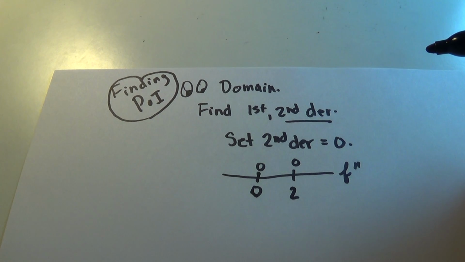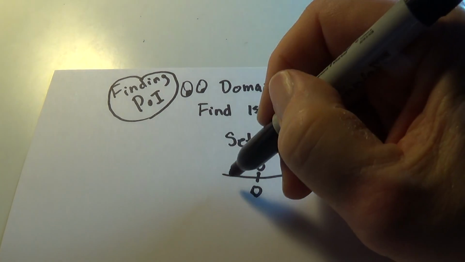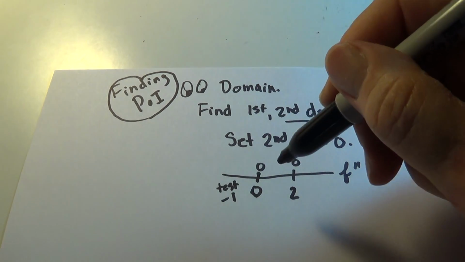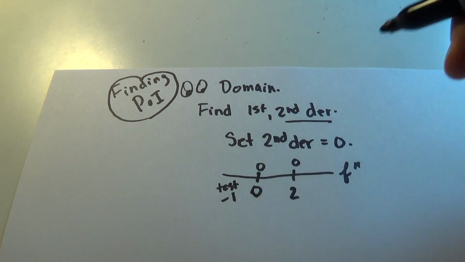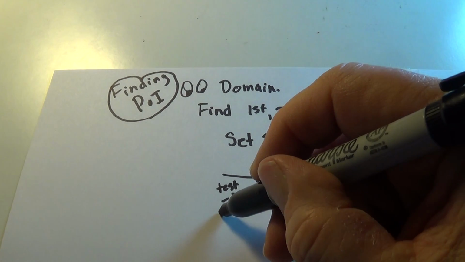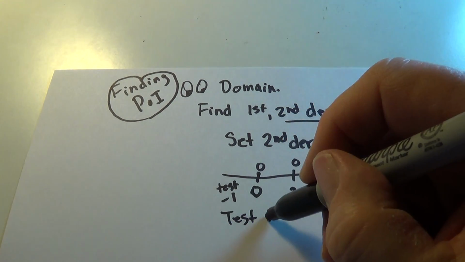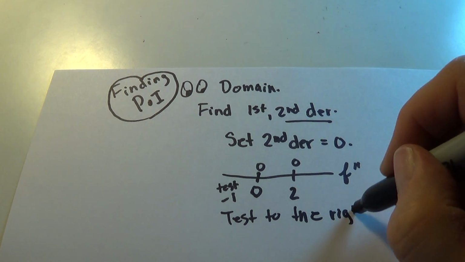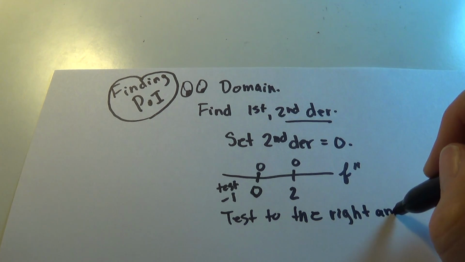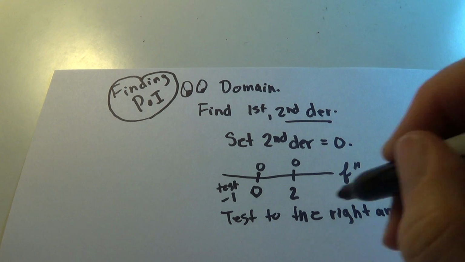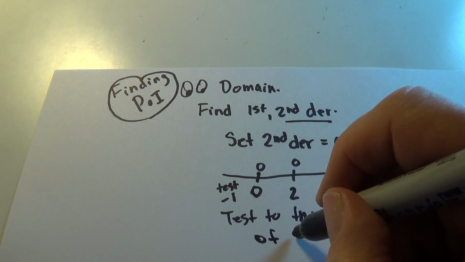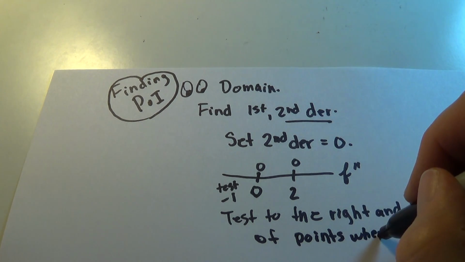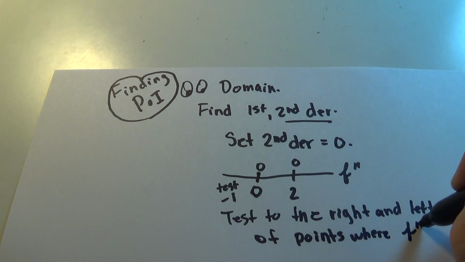And then you do have to test to the left and right of points where the second derivative equals 0. So here maybe I'll test -1, and I throw that into the second derivative.